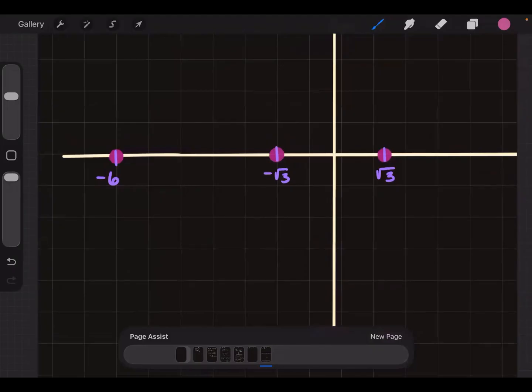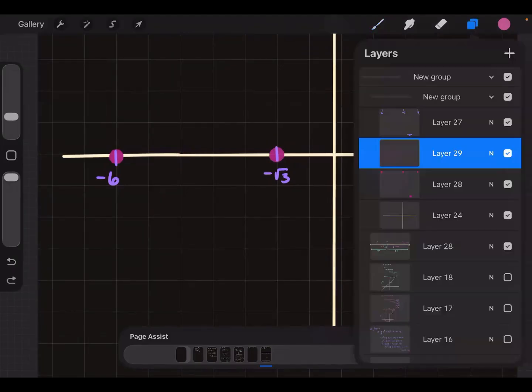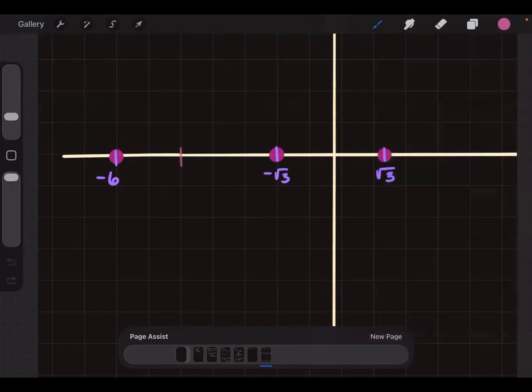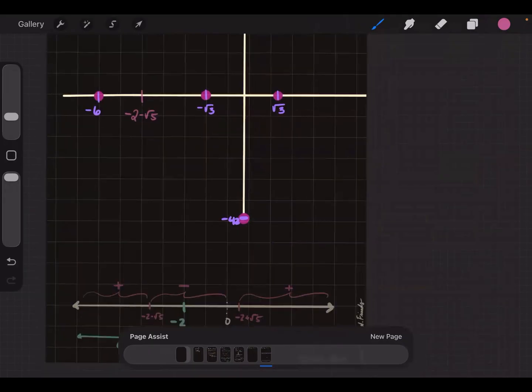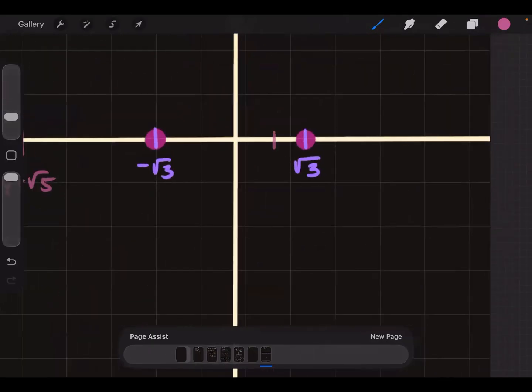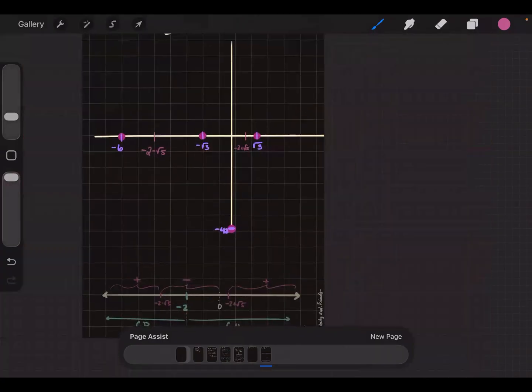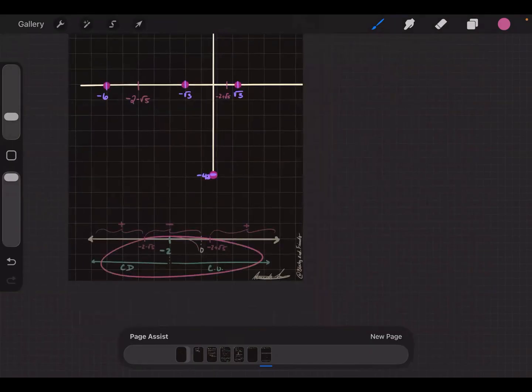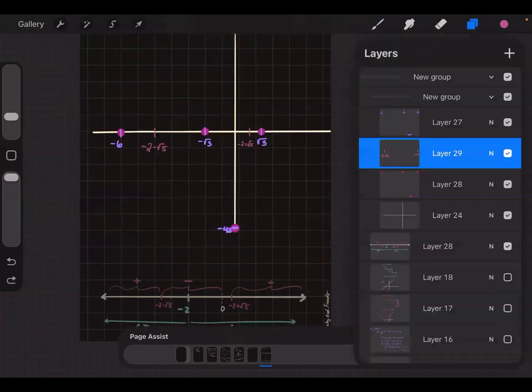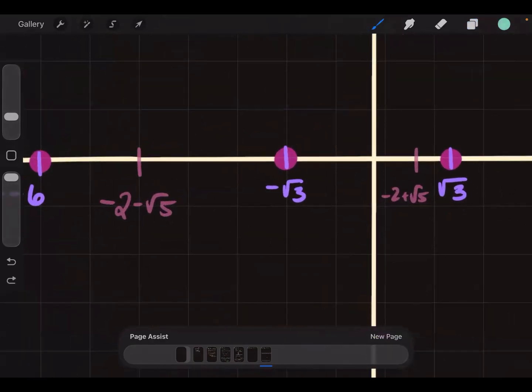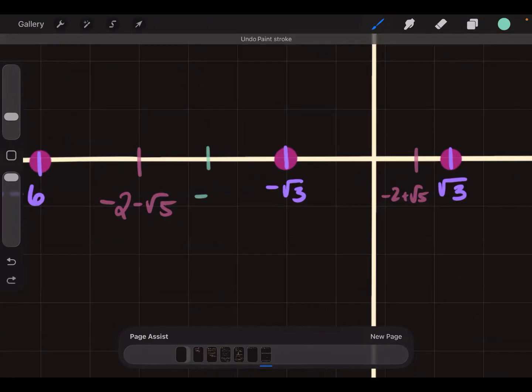Let's put -2 minus root 5 right here, and -2 plus root 5 right there. And then for concavity, we know we have a concavity change at -2. So in the same way, we will have it right about here.